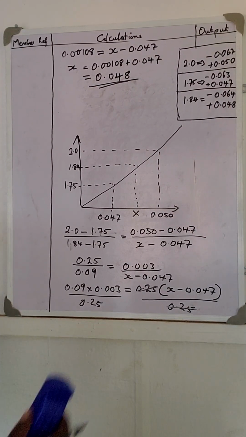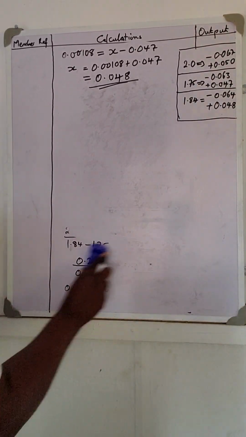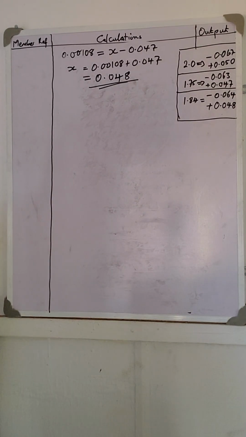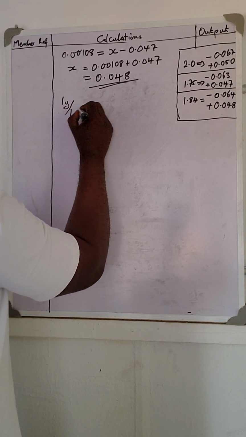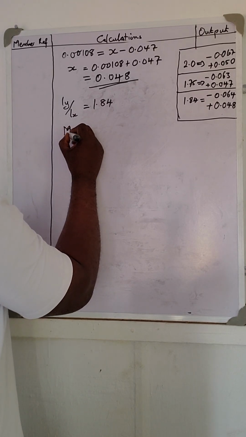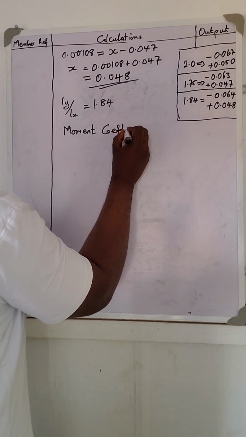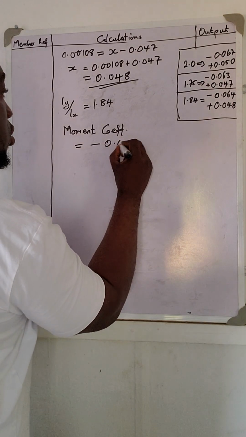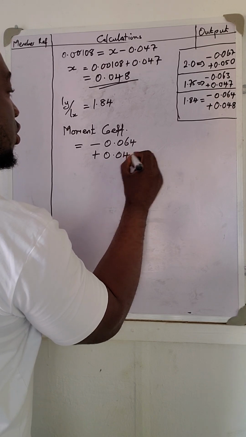It now means that when the ratio of Ly over Lx is equal to 1.84, the moment coefficient, negative coefficient is equal to 0.064, positive coefficient is equal to 0.048.